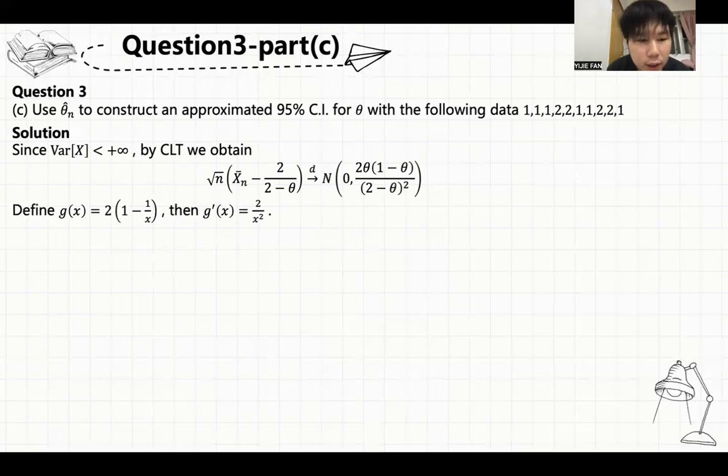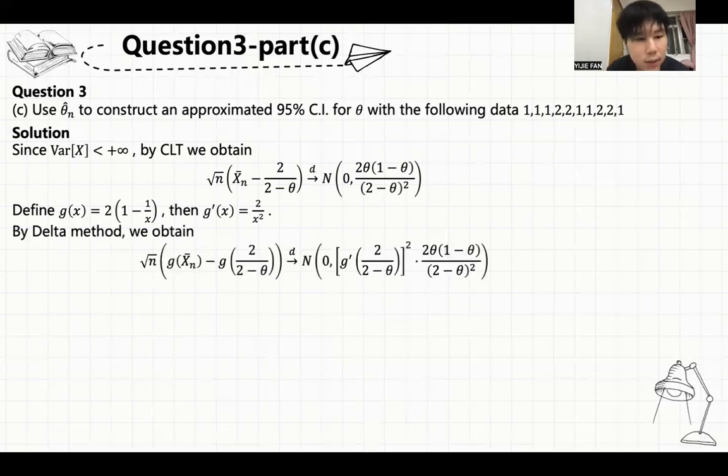Okay, and we define g(x), which is 2 times 1 minus 1 over x equal to g(x), and we differentiate g(x).